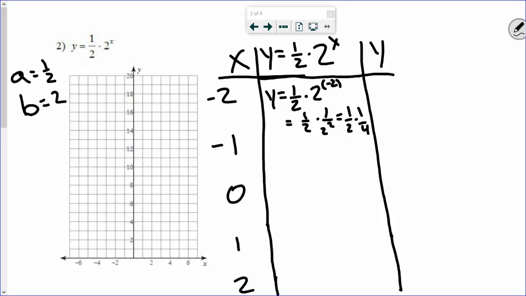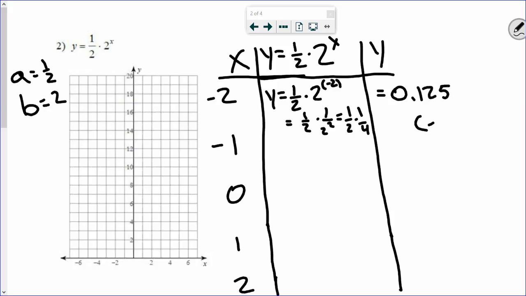All right, so this becomes 1/2 times 1/4, 2 squared being 4. On your calculator, 1/2 times 1 divided by 4. Okay, and I'm going to encourage you guys to make sure you're using these calculators, guys. 1/2 times 1/4 is equal to 1/8, which is 0.125. Okay.